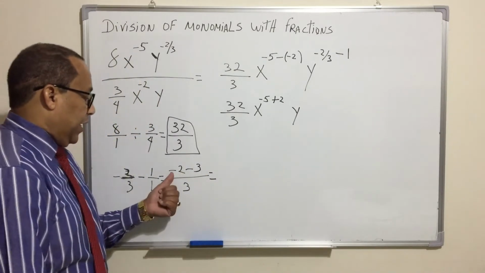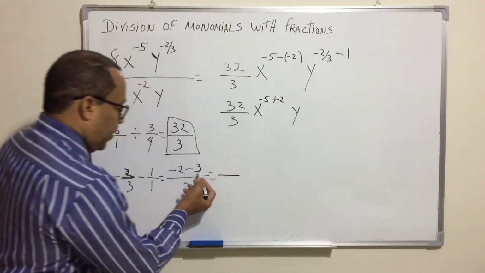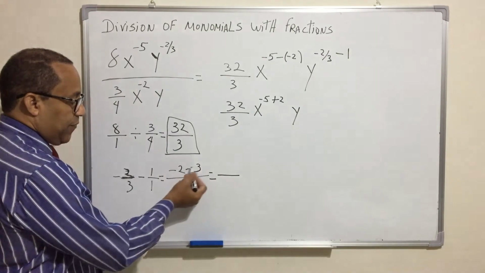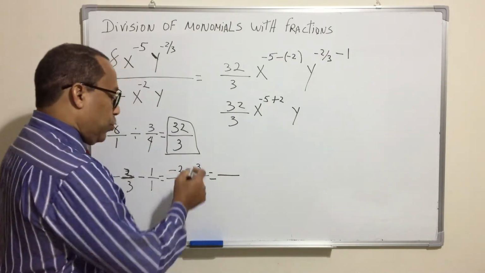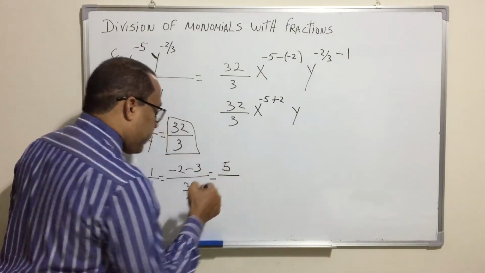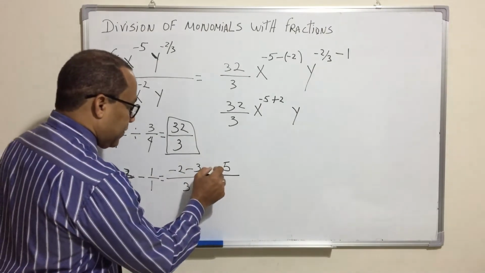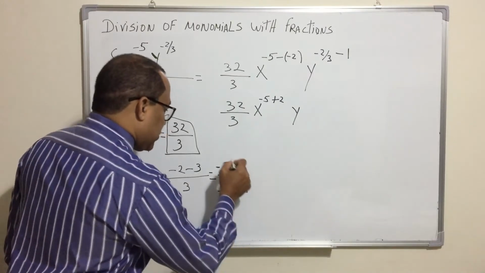It says negative 2 minus 3 equals, when adding or subtracting numbers with the same signs, the rule says that I need to add the numbers, which is 5, and we copy the same sign. In this case, it's a negative sign. Over 3.